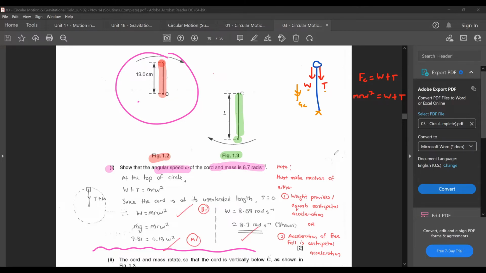Now, one thing to note here is this. Just now I mentioned to you that your chord behaves like a spring.